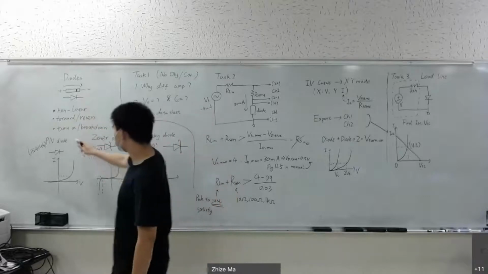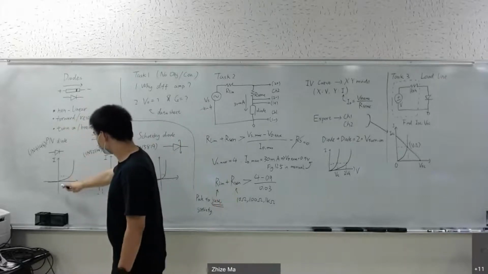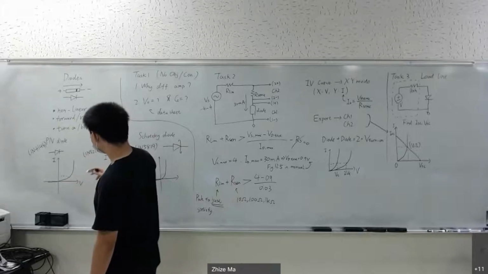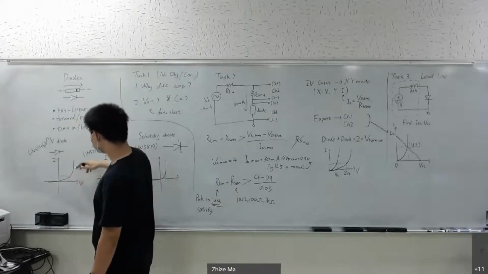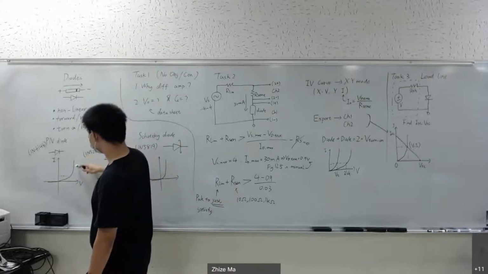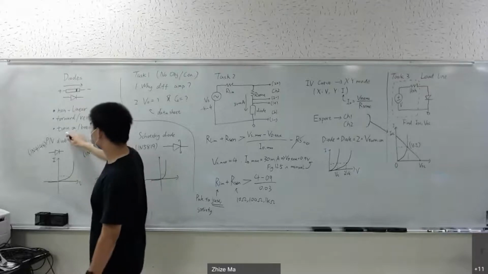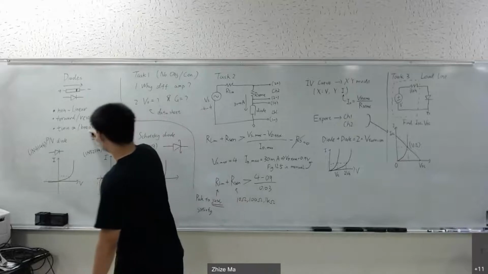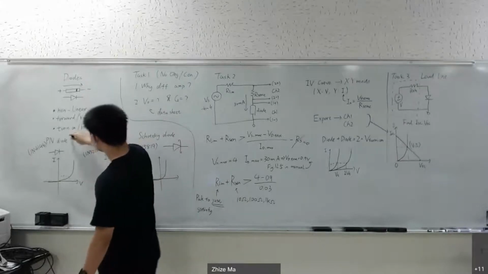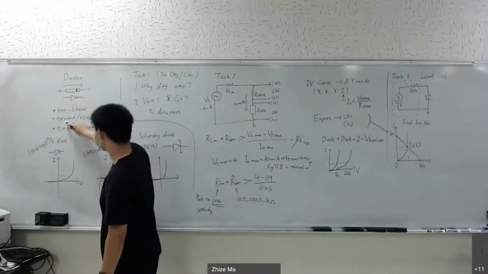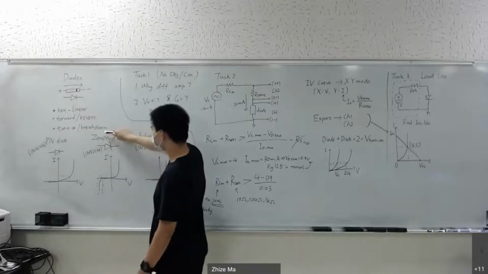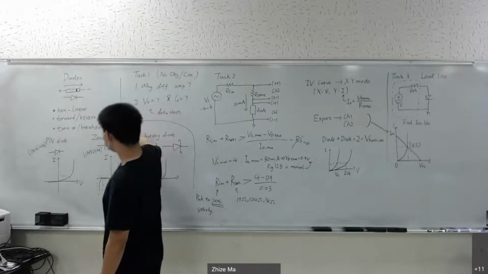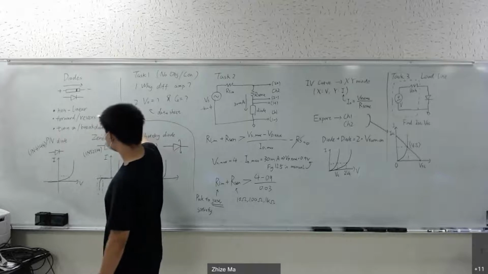And then there's a turn-on voltage for the diode. If you check the IV curve, when the current starts to increase exponentially, that's about the turn-on voltage. Also, there's the breakdown voltage. Turn-on voltage is when it's working in the forward bias region. The breakdown voltage is when it's working in the reverse bias region.